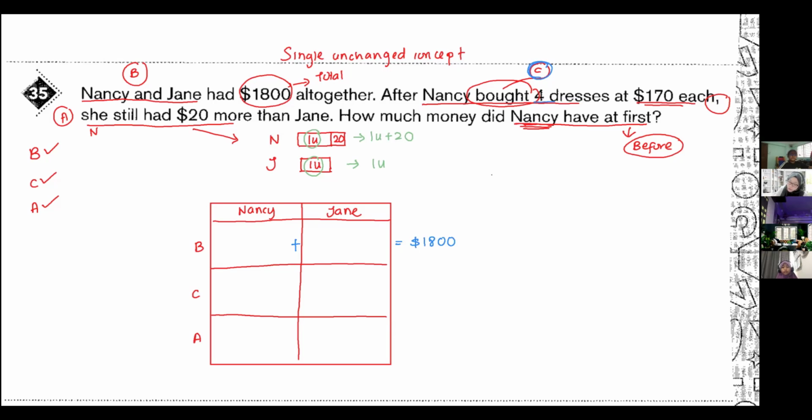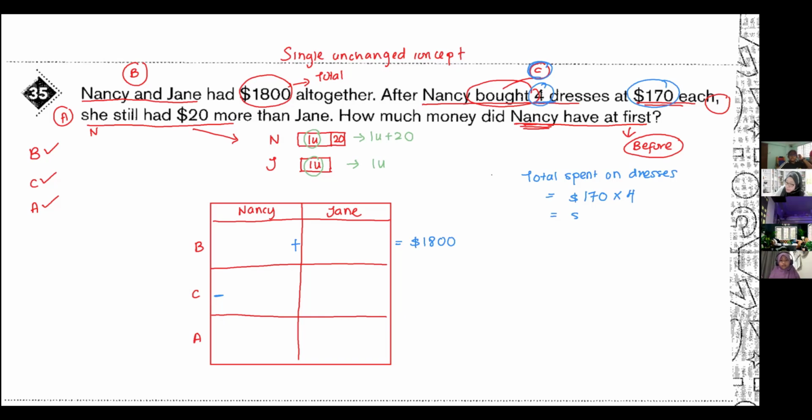When she bought 4 dresses, Nancy bought. So something to do here. When I say bought, it means I spent money. Okay, I spent something. But that something is 4 dresses at $170 each. You need to find the total amount for dresses. Total spent on dresses equals $170 times 4.